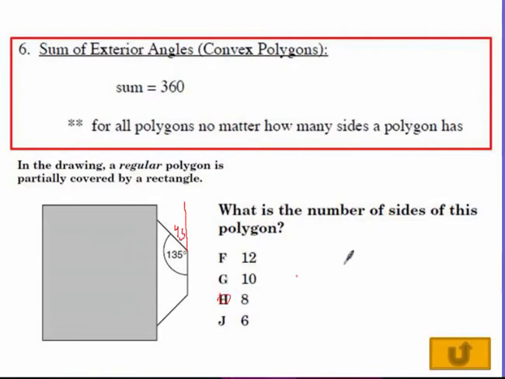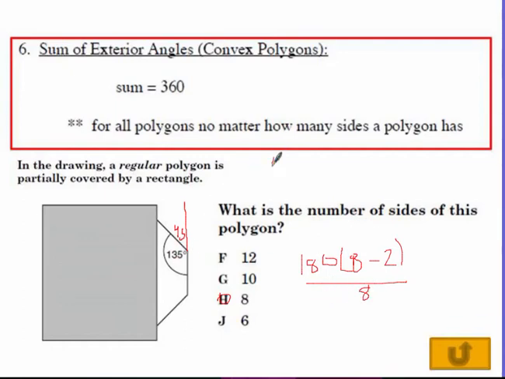Again, you can always check your work. I can do 180 times 8 minus 2, divided by 8. That should give you 135, because this is the formula for one interior angle.